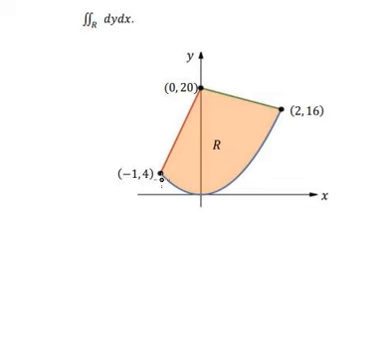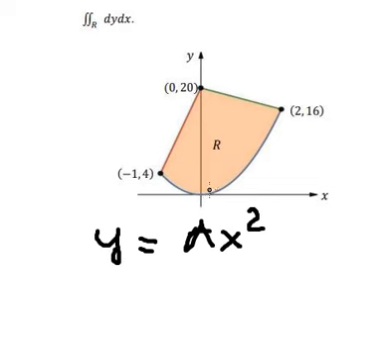For this one, this is about a parabola. And we have the formula in here, y equals a x squared. Because this one touches 0, 0, that's why we don't have b in here.